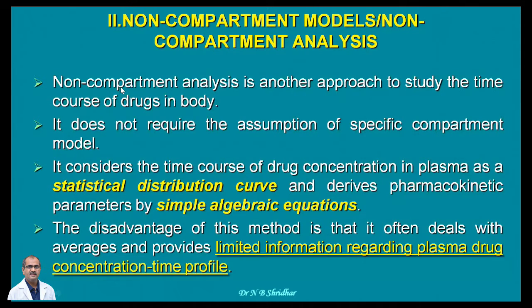Here we can calculate using simple algebraic equations, but please remember one thing: we cannot calculate all the parameters using any single formula. Any single formula cannot suit. It depends upon the drug.